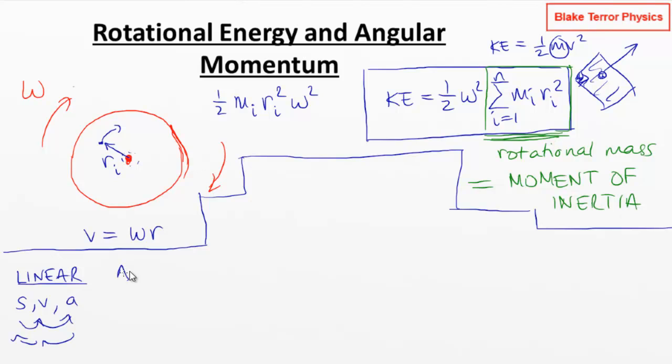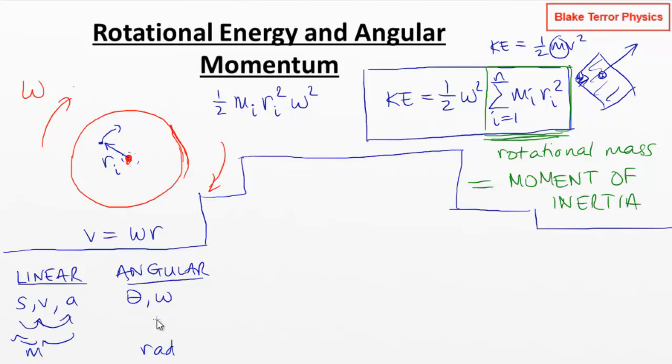We've got the same thing for angular motion. We've already looked at this when we were doing circular motion. So instead of all of this stuff being in meters, meters per second, and meters per second squared, we've now got angle, which is all in radians. So we've got radians per second.